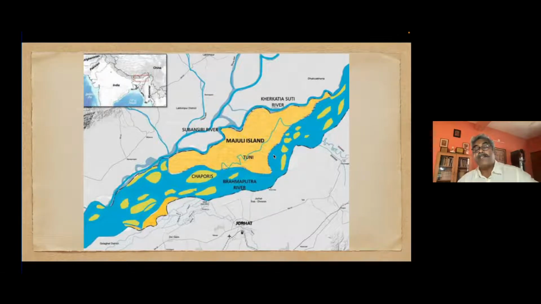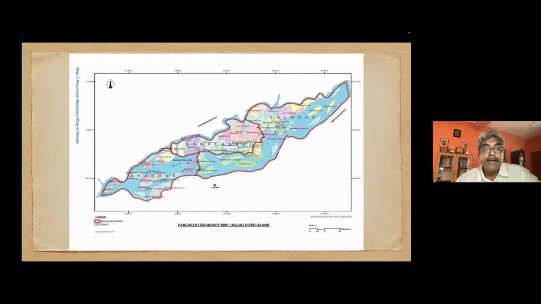And the people of Majuli celebrate the Brahmaputra even when it's flooded, because it is the Brahmaputra which is their lifeline over there. And they do practice agriculture over there. Rice cultivation is done. Here you could see the administrative divisions of the Majuli group of islands. And Majuli group of islands is in the tentative UNESCO World Heritage Site list from 2004.